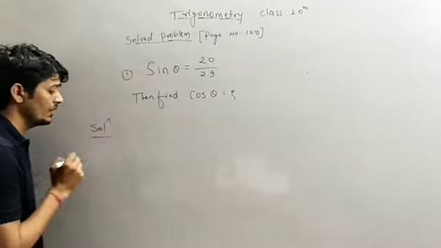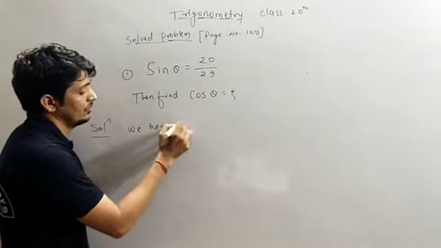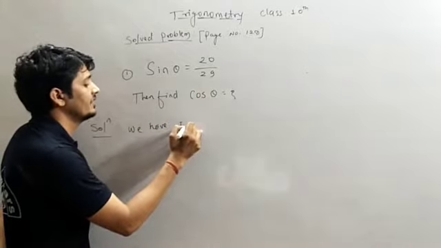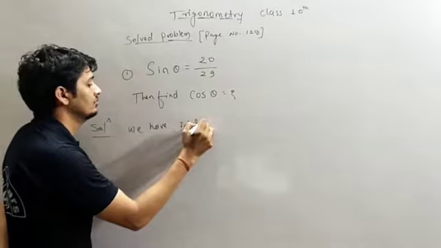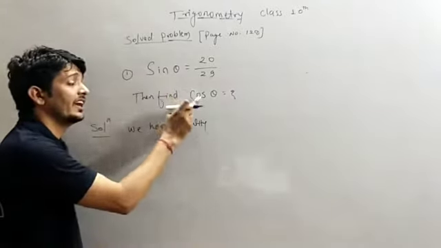Solution: we have a trigonometric identity. What is the trigonometric identity which shows the relationship between sin theta and cos theta?